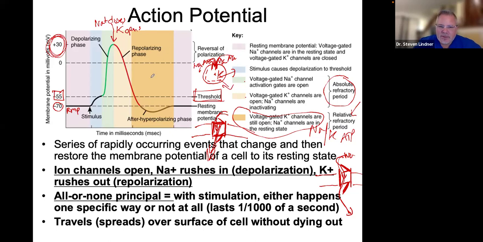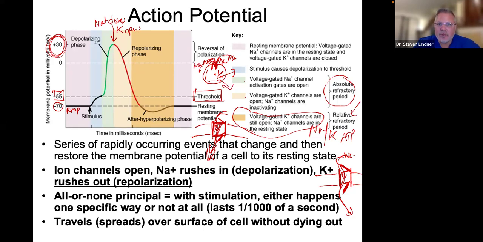What you need to be familiar with here is the minus 70, which is resting membrane potential, the minus 55, which is threshold, and positive 30, which is the peak. When you're upswinging past threshold all the way to positive 30, that's depolarizing. What's happening in depolarization?